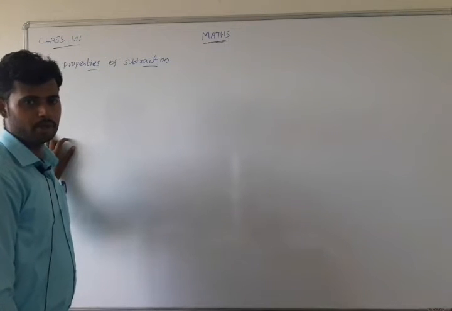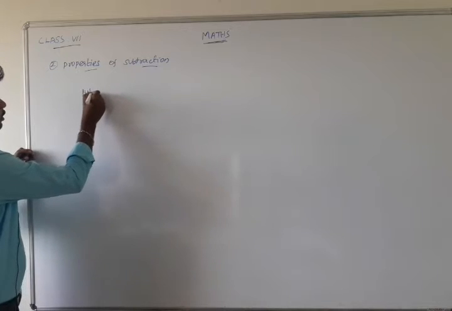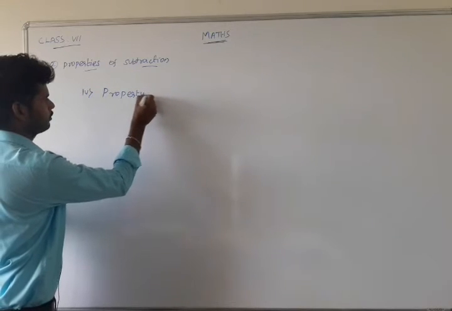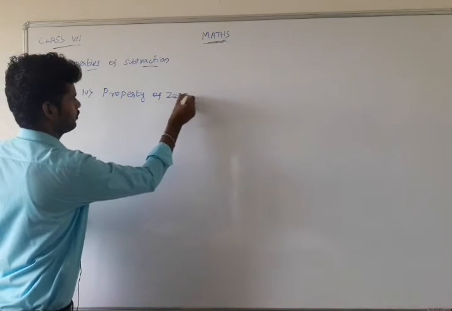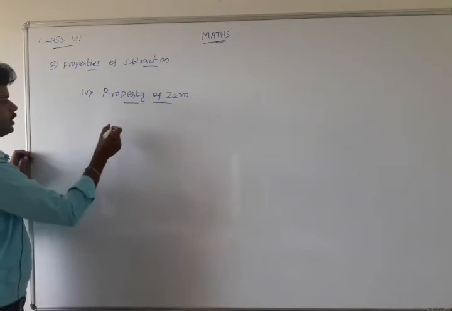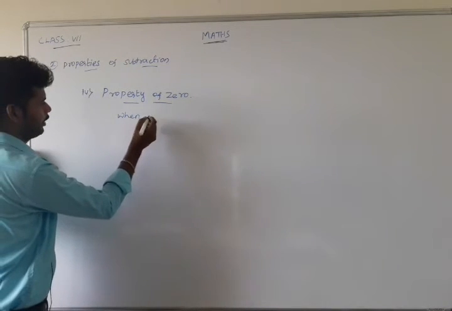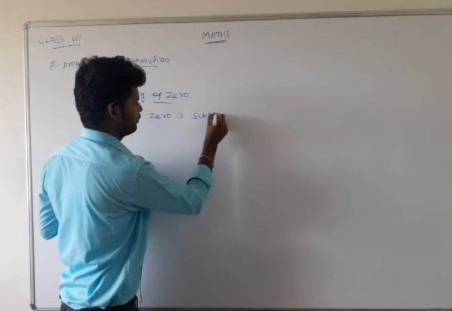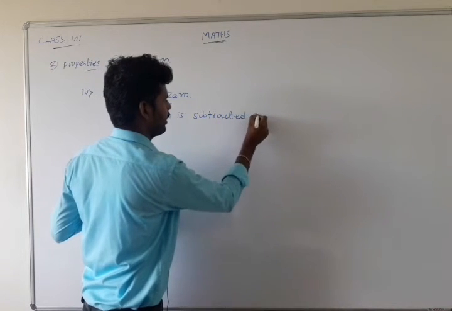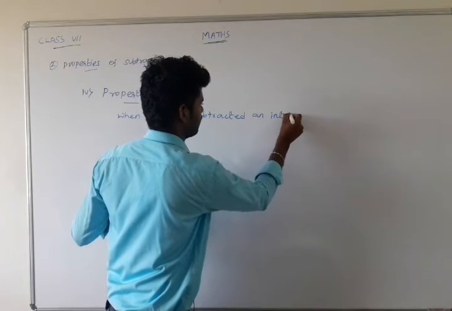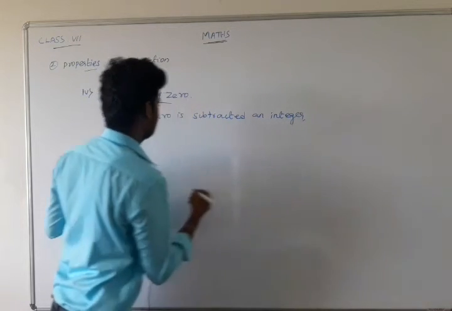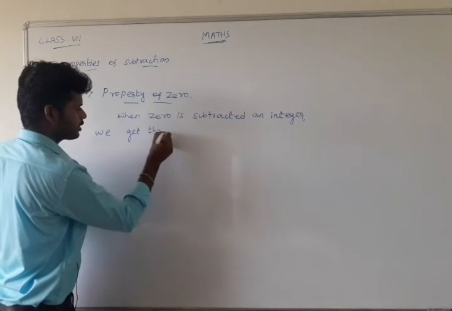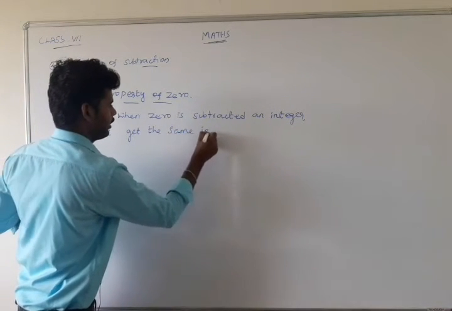Next one, property of 0, the fourth one. Property of 0: when 0 is subtracted from an integer, we get the same integer.